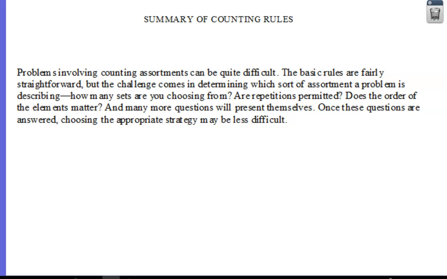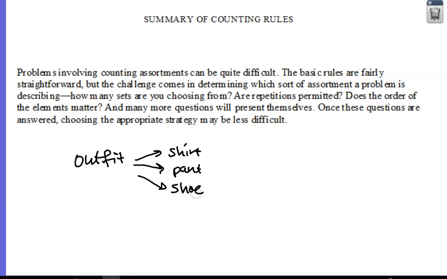For example, if I wanted to put together an outfit, and that outfit contained picking a shirt or a top, picking some kind of pant or a bottom, and maybe picking some kind of a shoe. Depending on how many of each choice you have, like maybe you have 5 shirts, 7 pairs of pants, and 3 pairs of shoes, we want to know how many different ways can we do this. That's what these counting rules are.